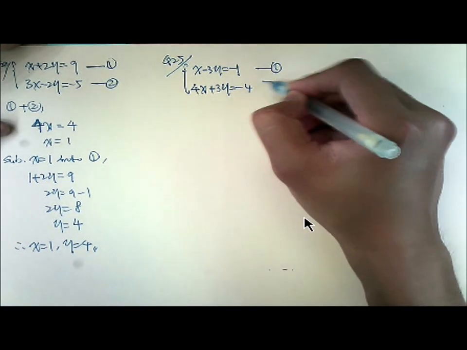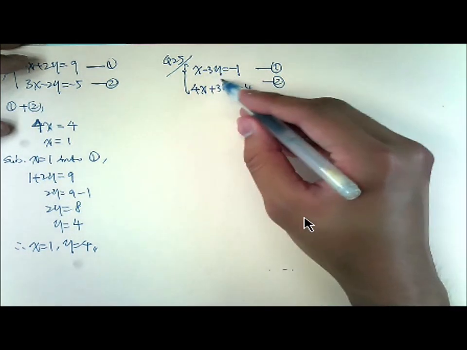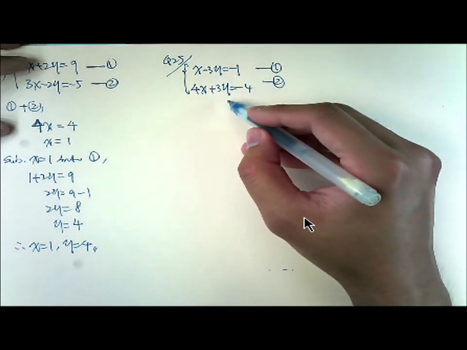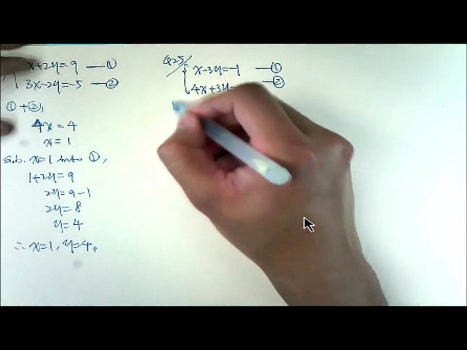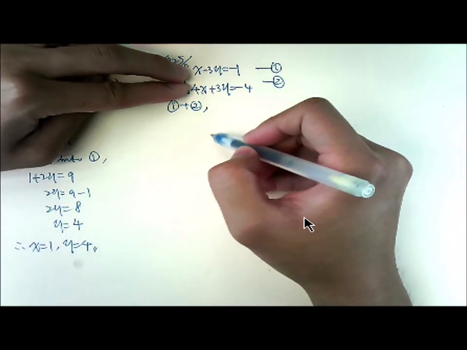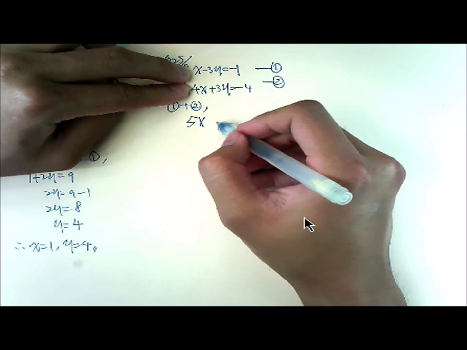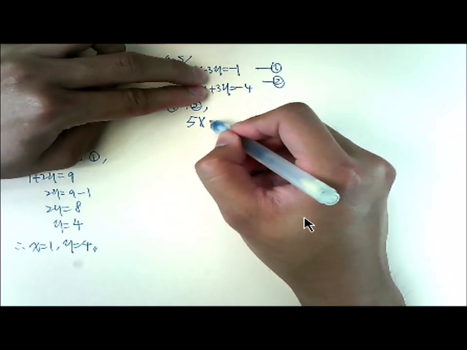So equation 1, equation 2, give names. So minus 3y and positive 3y, how to become 0? Do addition, understand? Do addition, 1 plus 2. Put your finger like this. x and 4x become 5x adding together. The y will be eliminated.